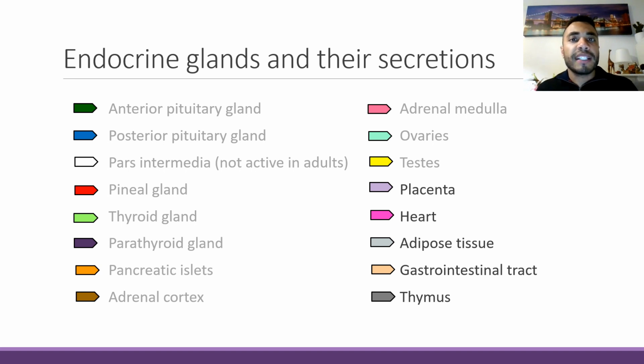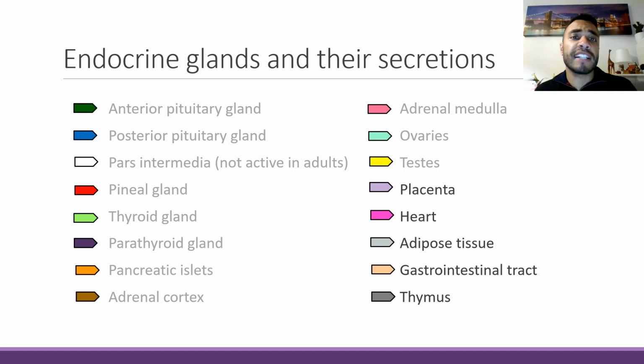This hormone is responsible for decreasing the blood pressure. We have the adipose tissue that can secrete leptin, a hormone related with the inhibition of the appetite.